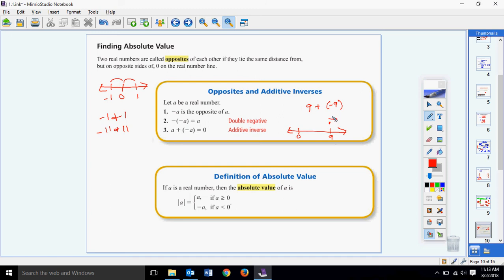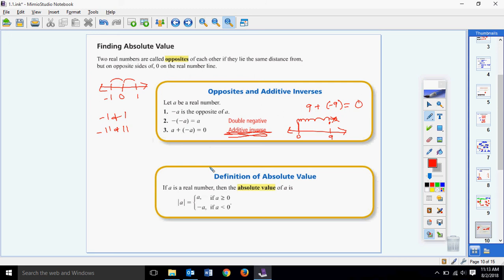Add typically means to go right, but this negative says, just kidding, you can't go right. Change direction and go left 9 units. So 1, 2, 3, 4, 5, 6, 7, 8, 9. Now we're back at 0. So negative means change direction on the number line. Anytime you're adding opposites, you get 0. That's called the additive inverse property, which we'll talk about more later.